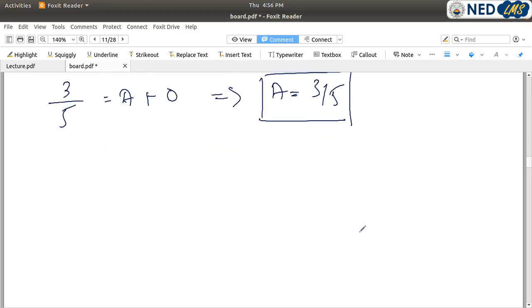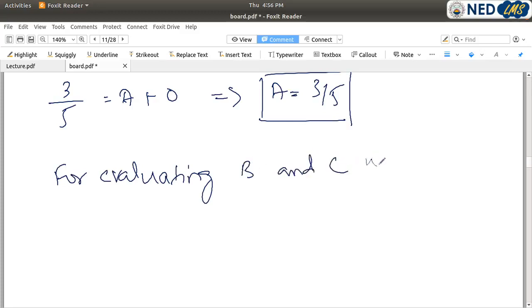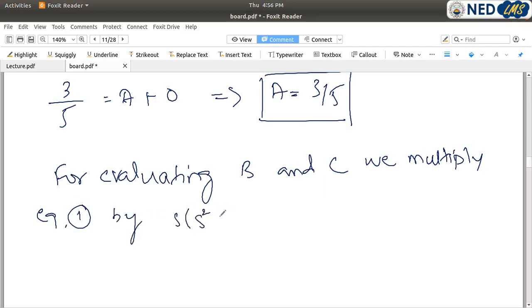Now for evaluating b and c, we multiply equation 1 by s into s square plus 2s plus 5.